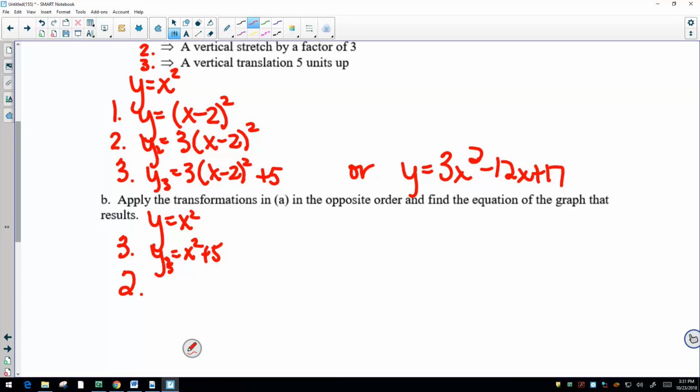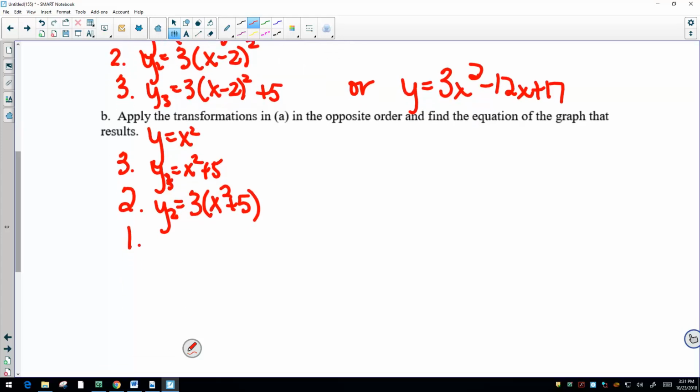So a vertical stretch, the stretch goes to the whole function. And if it's a factor of 3, I'm going to think multiply the whole function by 3. And our very last step says we are going to do a horizontal shift 2 units to the right. So again, if it is a horizontal shift, we're going left to right.